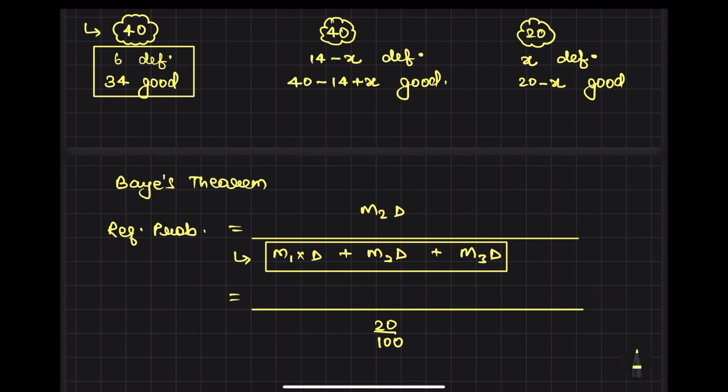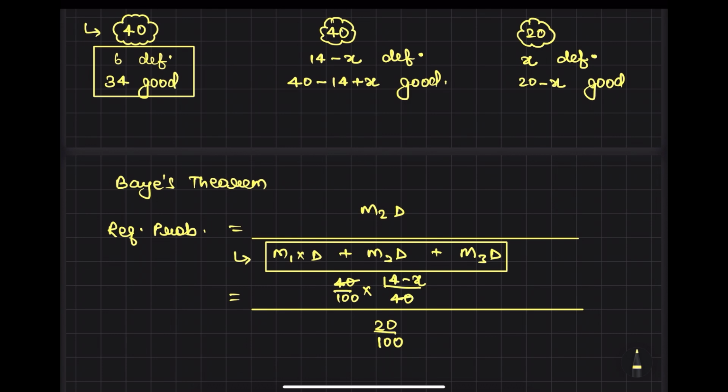Now focus on M2. M2 is producing 40 bulbs, so 40 out of 100, and then it is found to be defective. So the probability of a defective bulb is 14 minus X by 40. Now you can simplify things.